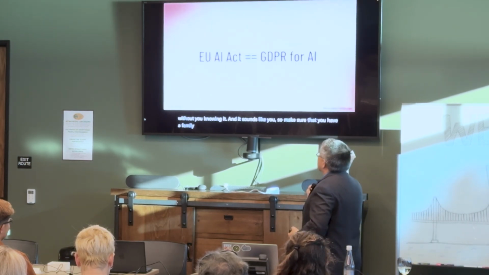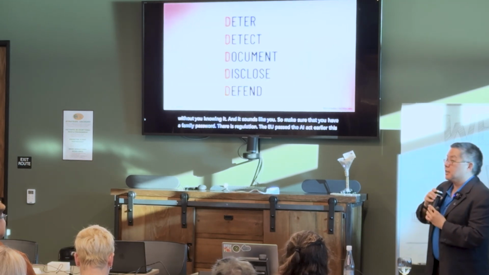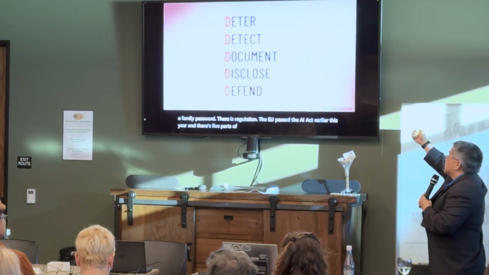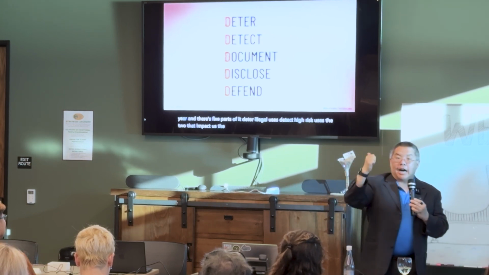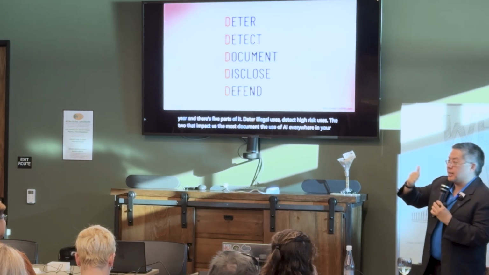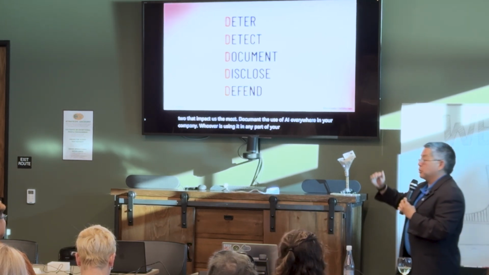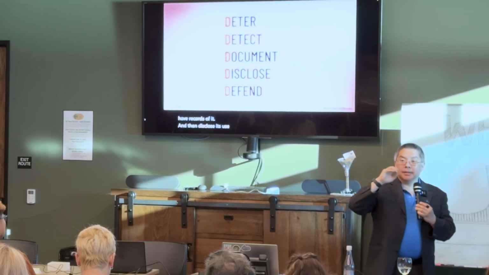There is regulation. The EU passed the AI Act earlier this year, and there are 5 parts of it. Deter illegal uses, detect high-risk uses. The 2 that impact us the most: document the use of AI everywhere in your company. Whoever's using it in any part of your company, document it, have records of it, and then disclose its use anytime it's public-facing.